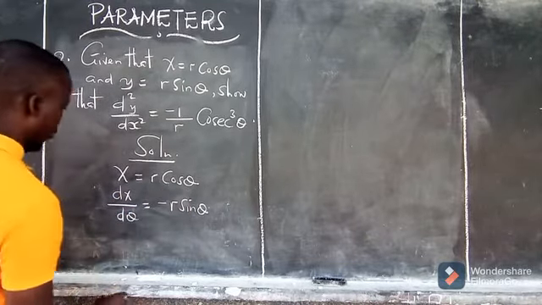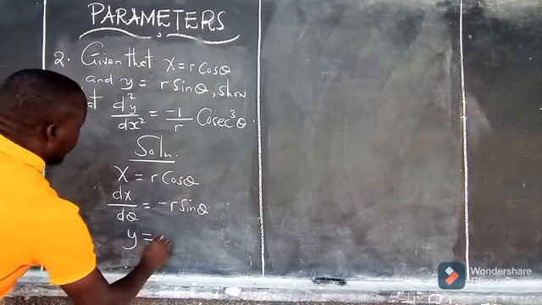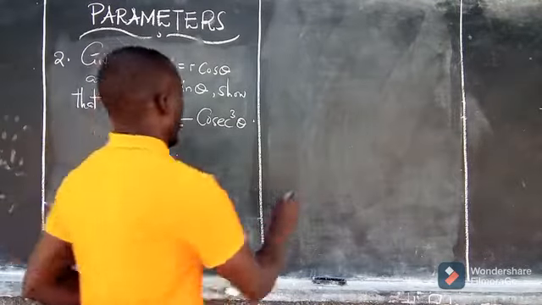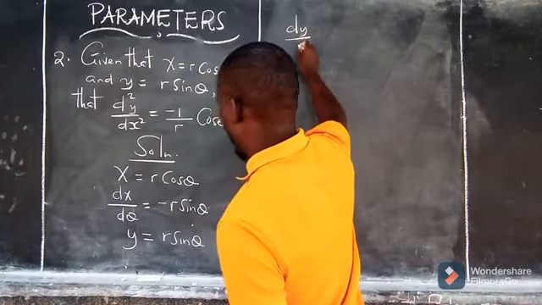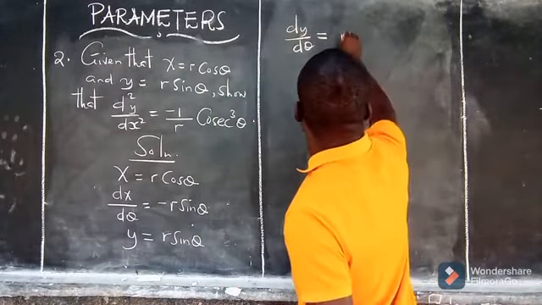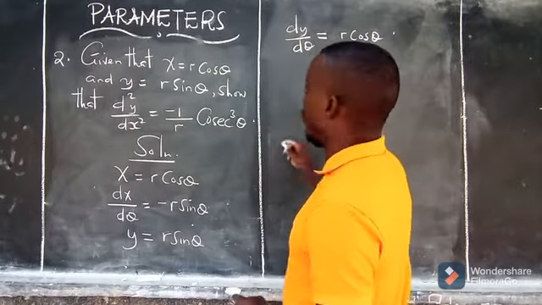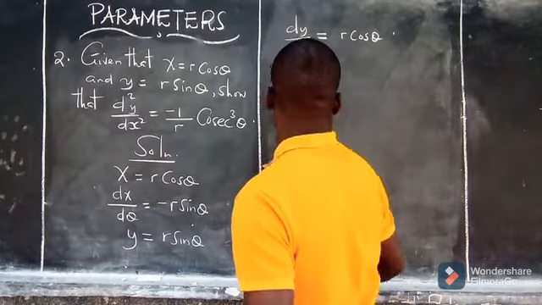So from that level, we can also do the same for y. They gave us y as r sin theta. So we shall be able to get dy d theta. Dy d theta will be r cos theta. Then from that level, we can now go on and get the first derivative.